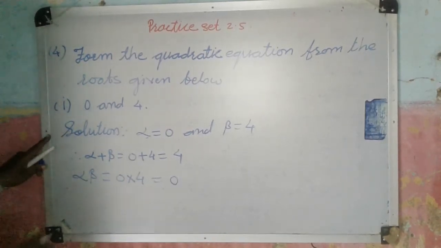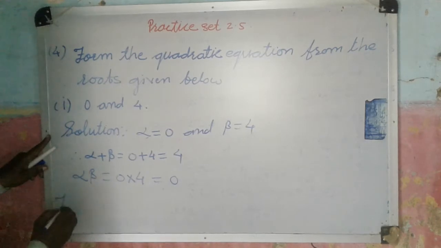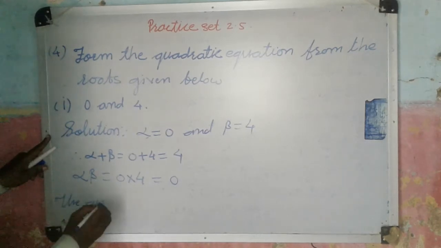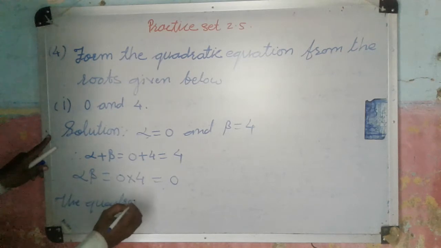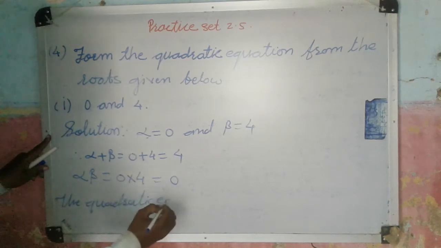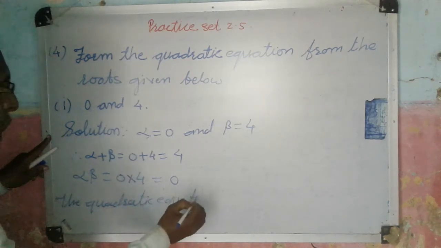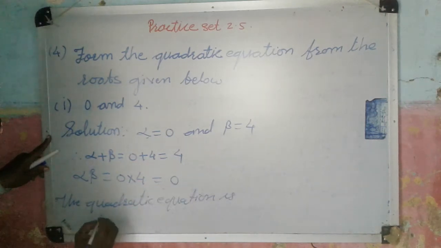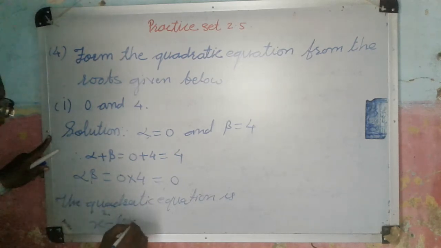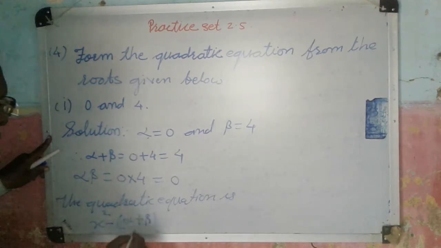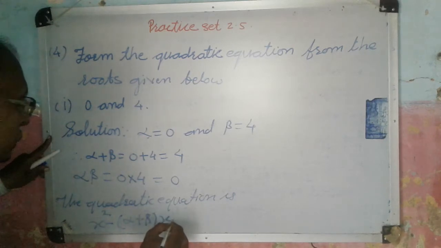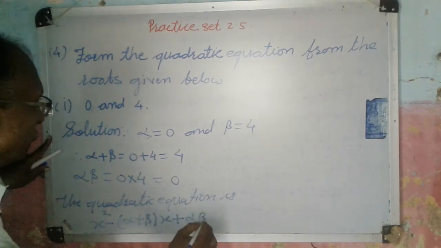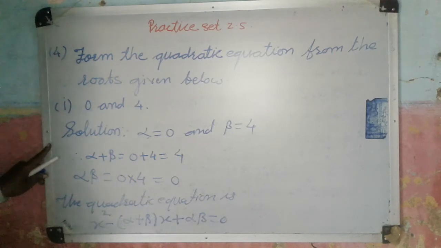Now the formula, the quadratic equation is x square minus bracket alpha plus beta bracket complete into x plus alpha into beta is equal to 0. This is the formula.